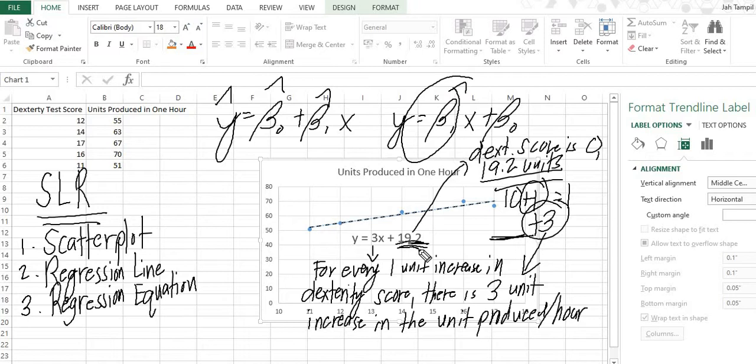That's what this means. So now it depends on the situation whether that's actually interpretable or not. But here we were able to interpret it. So that is now the nature of the relationship between the dexterity test score and the units produced per hour, or the productivity based on its regression line, and the equation of the regression line.